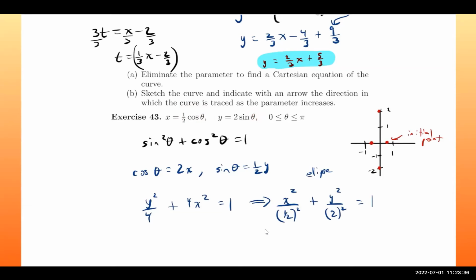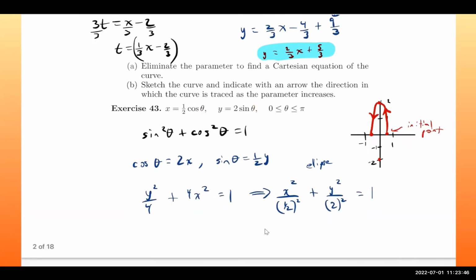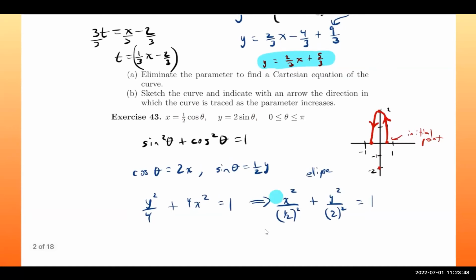And if you plug in pi for theta here, you're going to get 0. So negative 1/2, 0 is this point. So our ellipse is only going to be the upper half. It's just going to be that, and the direction is going this direction. All right, and that is pretty much it. That's a Cartesian equation, and this is our sketch.